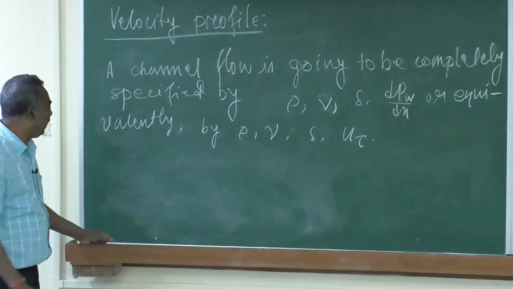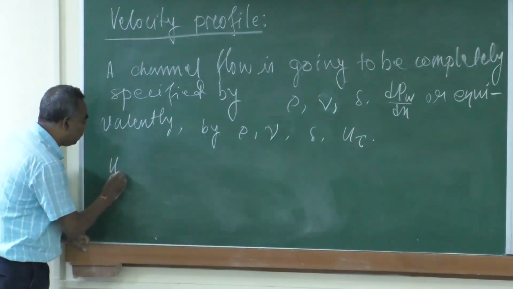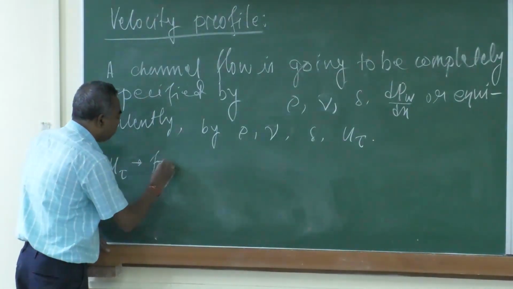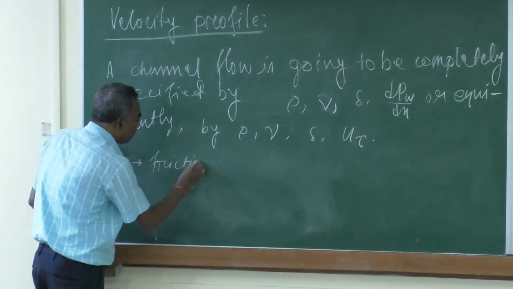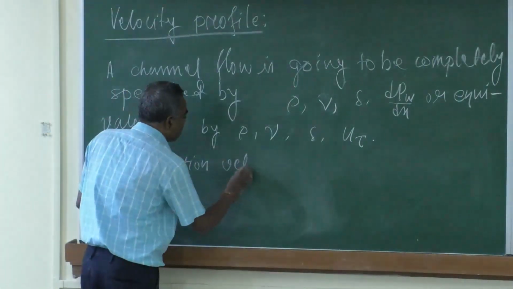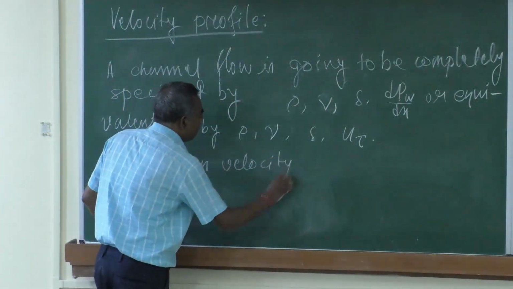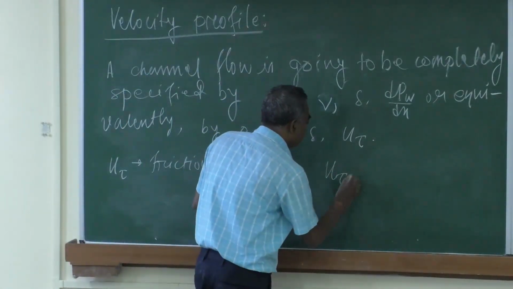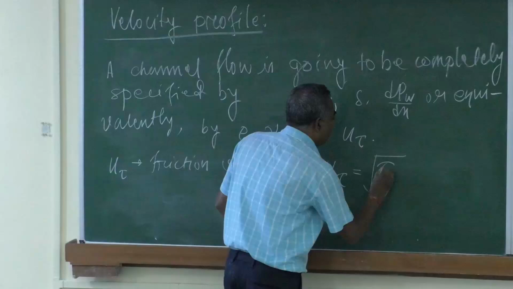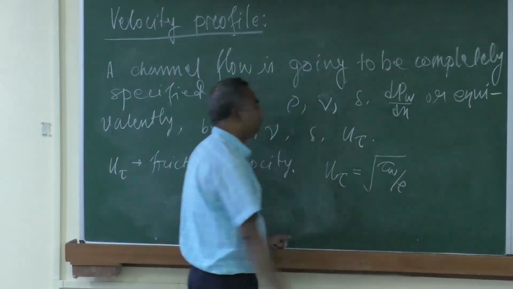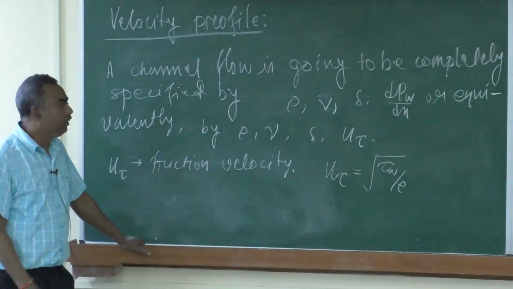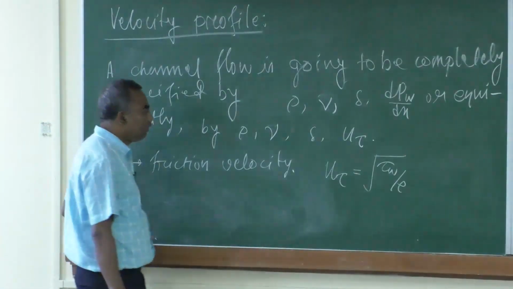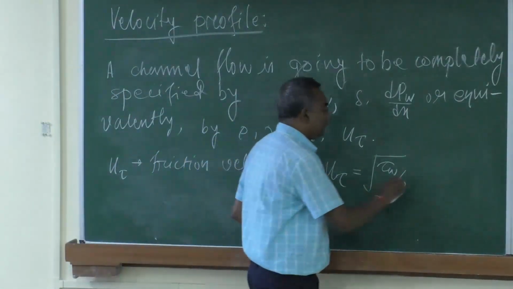One velocity scale, designated as u tau and known as friction velocity, is defined as the square root of tau w by rho. This is our friction velocity. What is tau w?